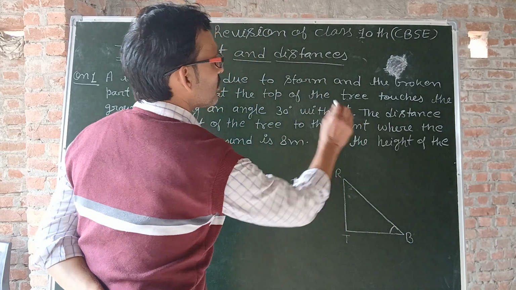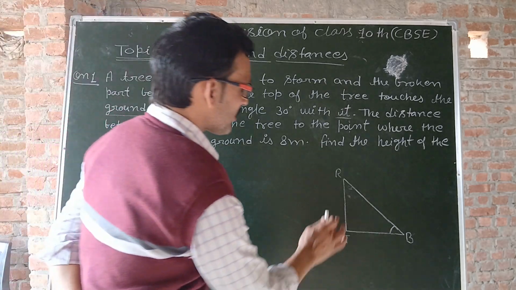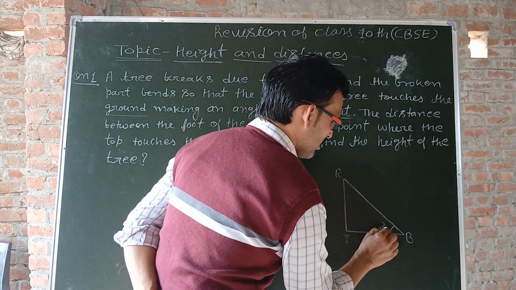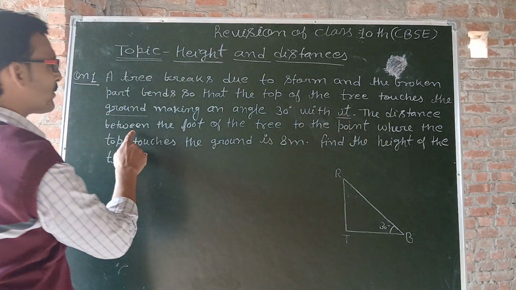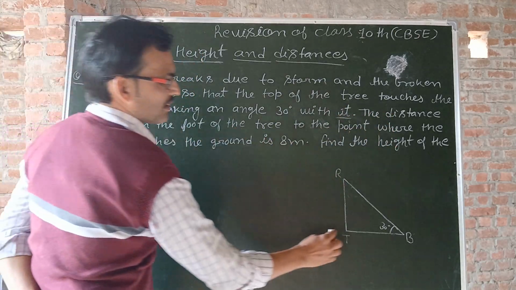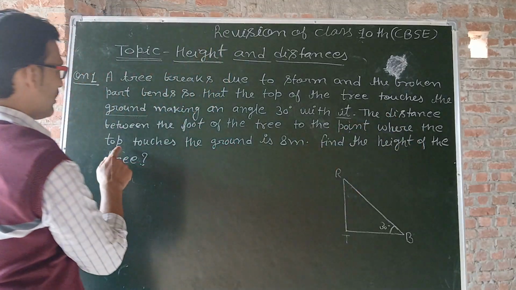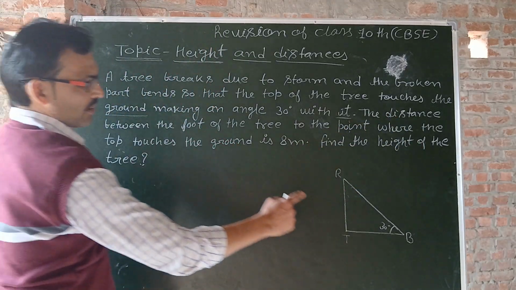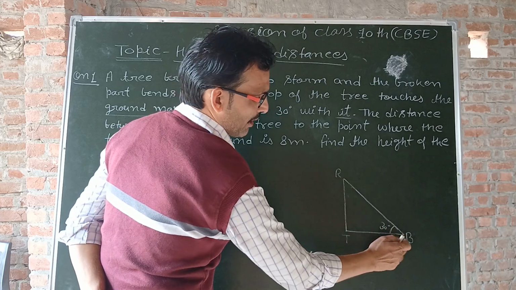Okay, so it is about 30 degree. This is the broken part. Now the distance between the foot of the tree, this is the foot of the tree, to the point where the top touches. This is the foot and this is where the broken part touches.